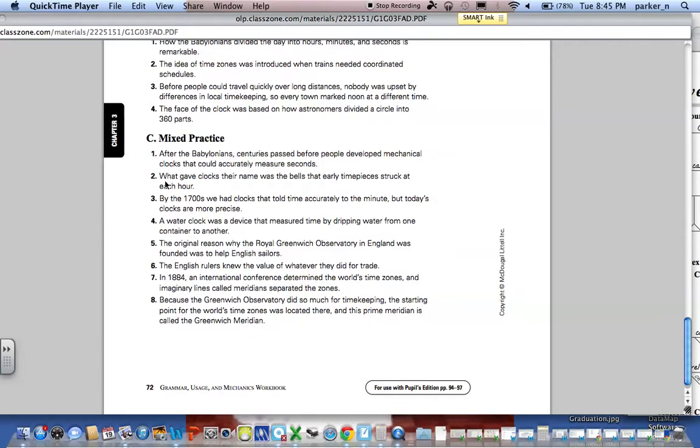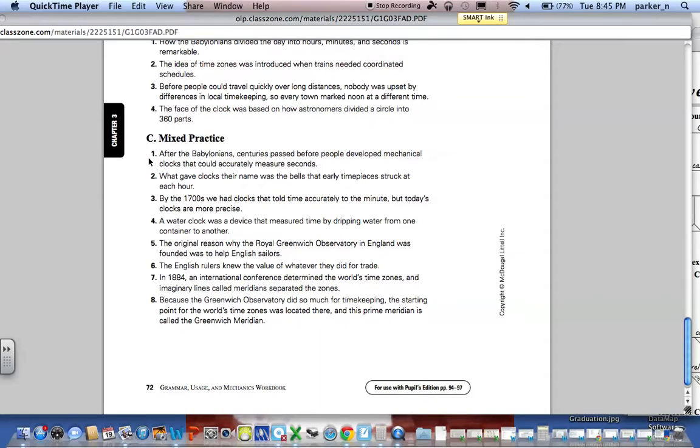So you have a complex sentence here with 2 subordinate clauses. So we're going to have 3 baseline diagrams: centuries passed, people developed, and that could measure. And then, of course, your modifiers are going to go off of those. And I'll show you an example in a minute.